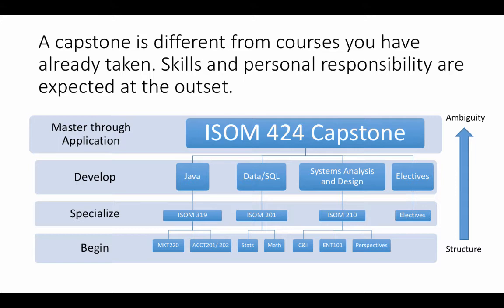If we go down to that very deepest layer, we'll see that even the very foundations you took here at Suffolk. Now, I've got the new curriculum here. Some of you may have been in an older curriculum or a different curriculum at other schools, but it should be fairly similar. So the courses like Marketing 220, Marketing Research, Accounting 201 and 202, Financial and Managerial Accounting, those kinds of classes give us a sense that organizing our work world in areas like marketing and management and accounting can make a big difference in terms of our productivity and effectiveness.